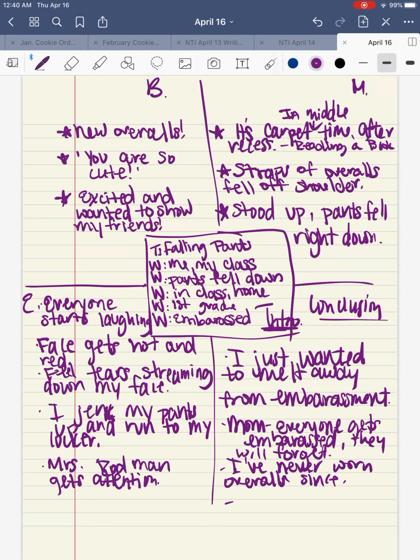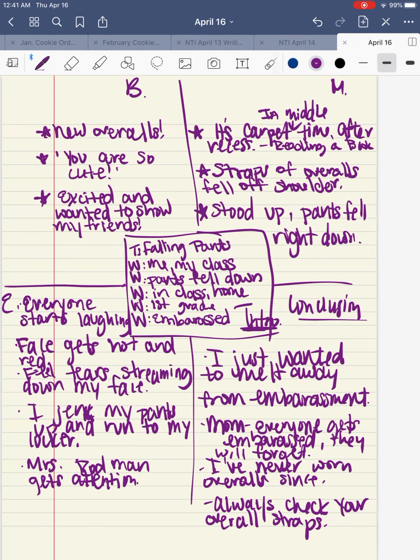And then I can give people something to think about, could be always check your overall straps. Now I know that seems like a lot, and it is a lot. But this is going to help me write my piece and make it organized and include details, because that's why I included these details in this organizer.